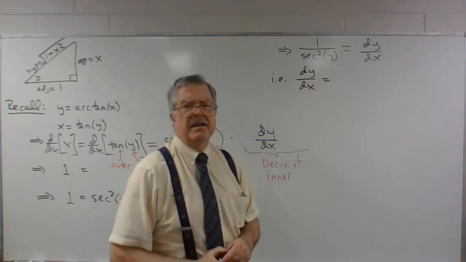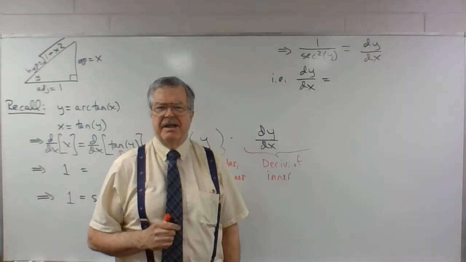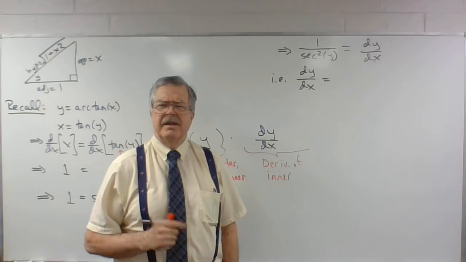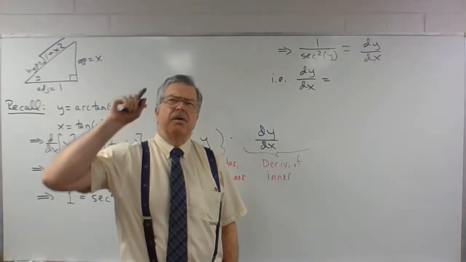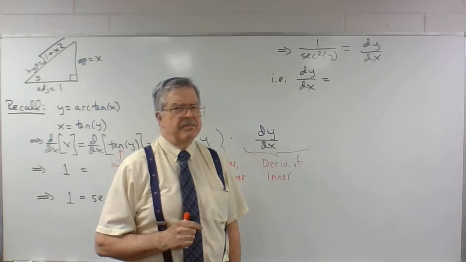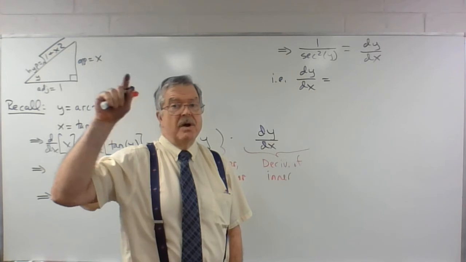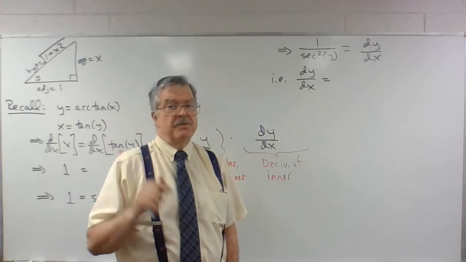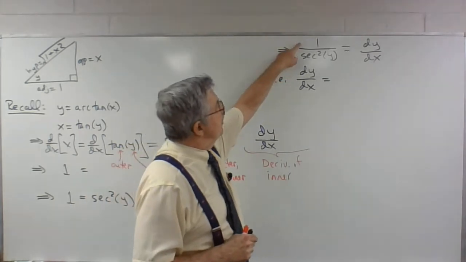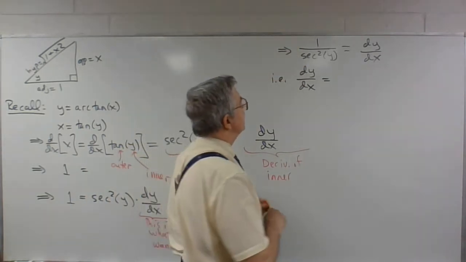By the way, what is secant? Isn't secant 1 over cosine? And so secant squared is going to be 1 over cosine squared.